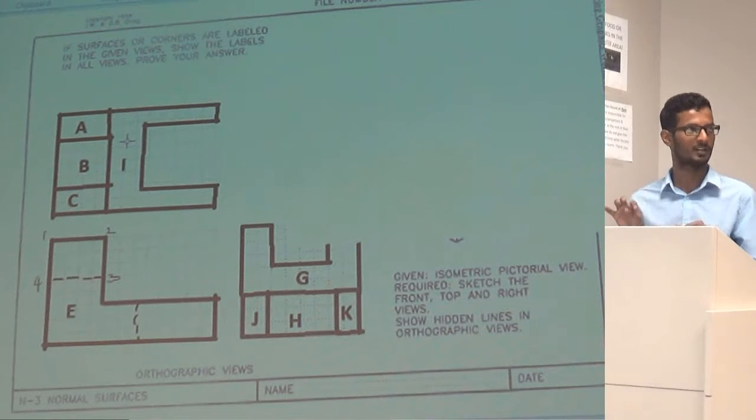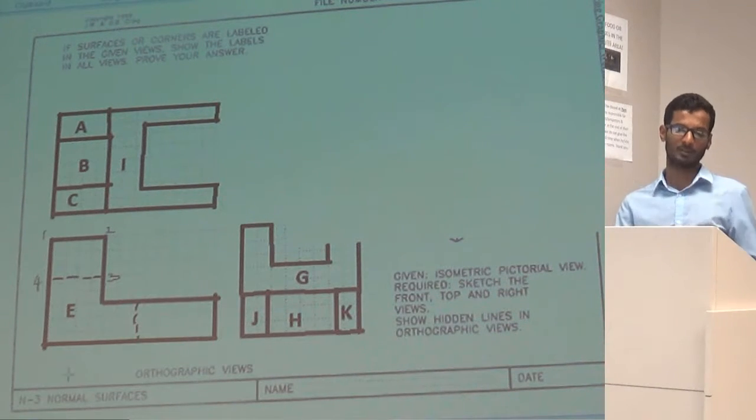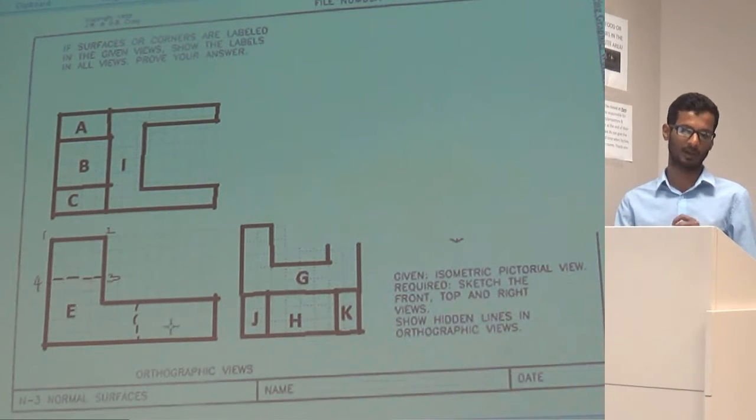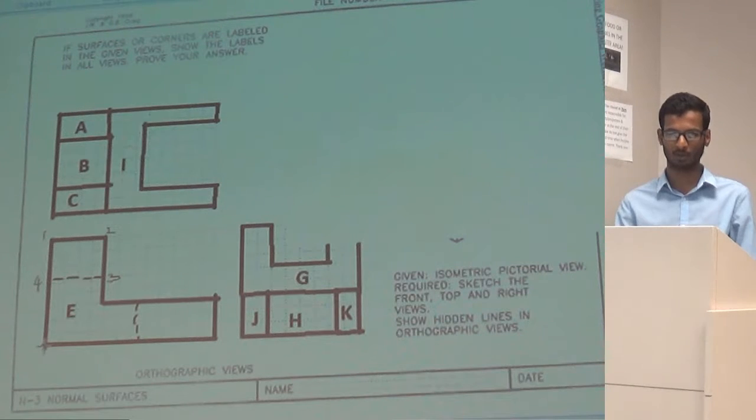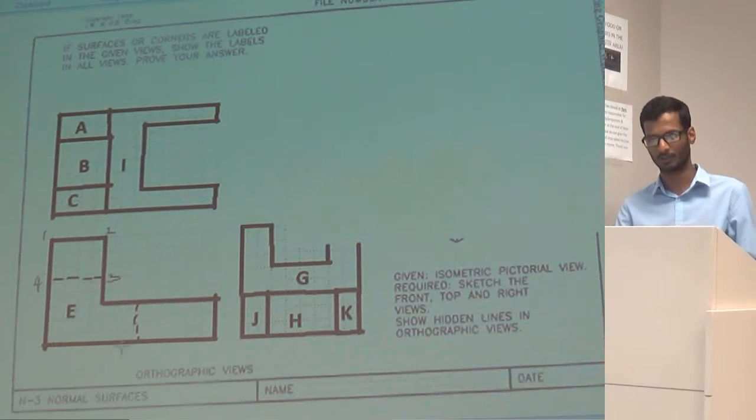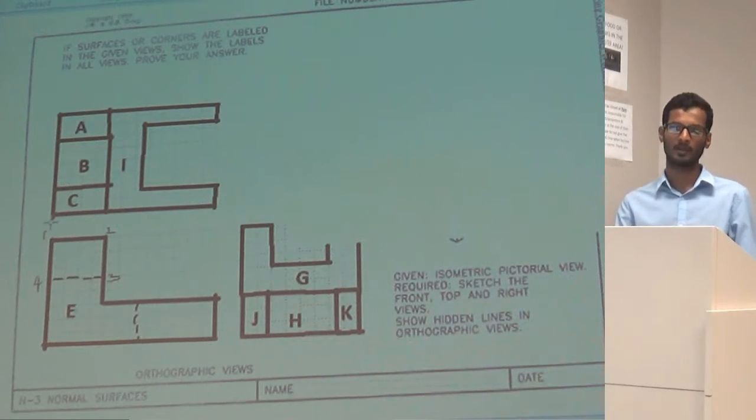It would be really difficult at this point, but if you use the normal surface table, if I have a surface in my front view, that same surface would be a horizontal edge in my top view, right? So if I'm looking from the front, there are two edges which would have the complete width of E. E has a complete width of, let's say, 12 units.